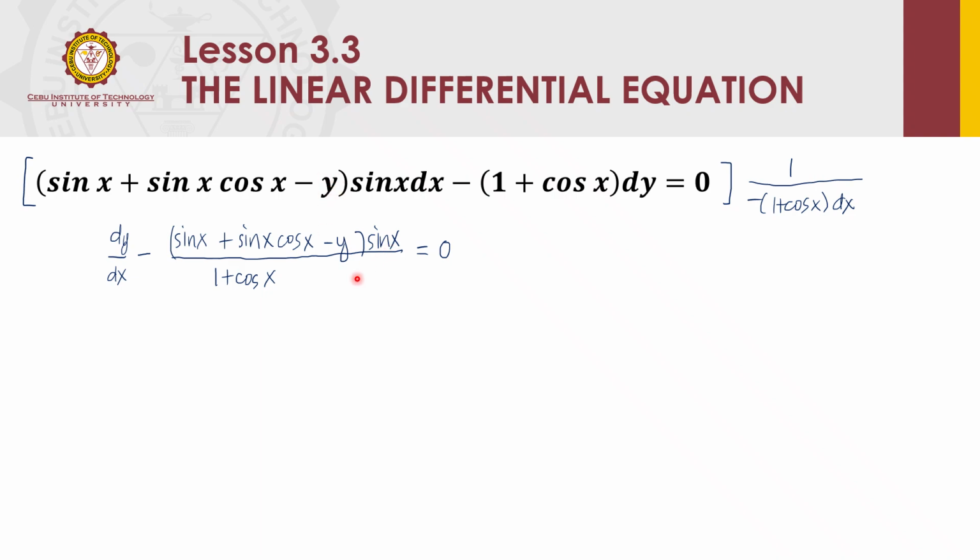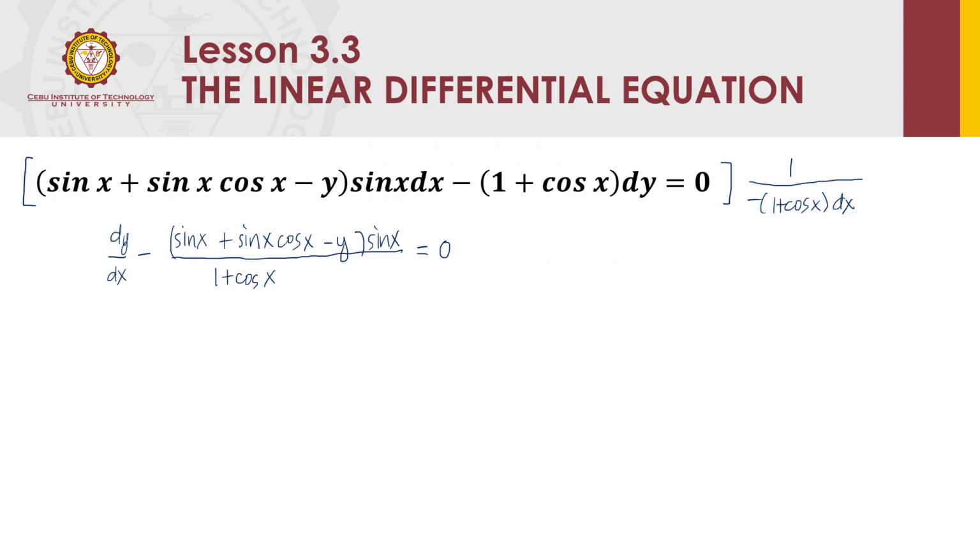Our goal here is to multiply this y with a pure function of x. So we have here only this term divided by 1 plus cosine x, and the rest are to be transferred to the other side of the equation. The right side of a linear DE should contain only pure x, or pure y if x is the dependent variable.